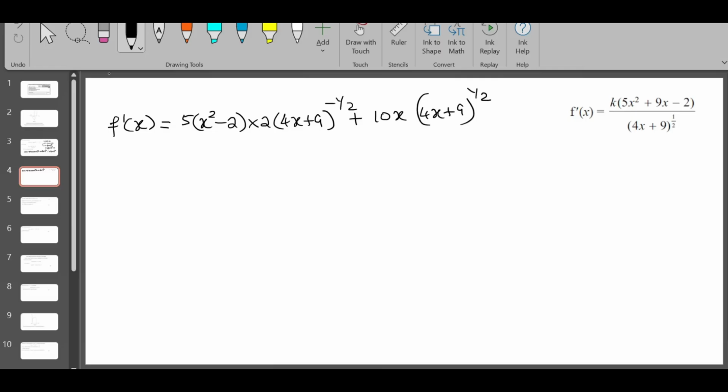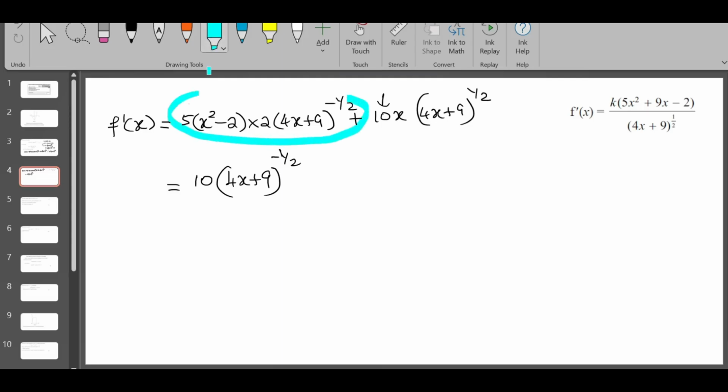So what I'm going to do, we are going to take out the common factor now. We have 5 times 2 here, 10. We have 10 here, so we can take out 10. And then I'm going to take out 4x plus 9 to the power minus half as a common factor.